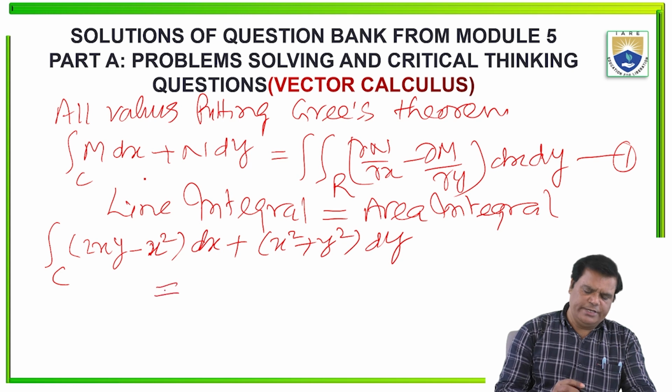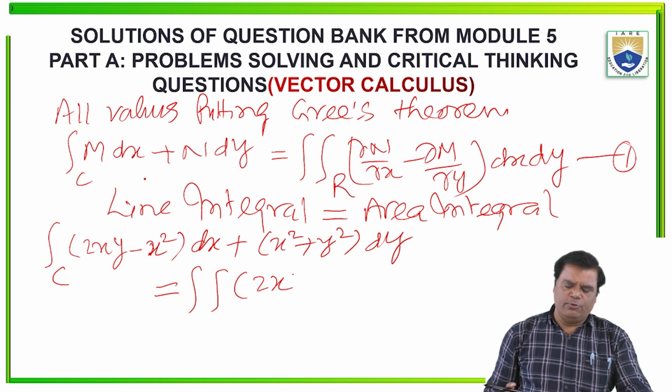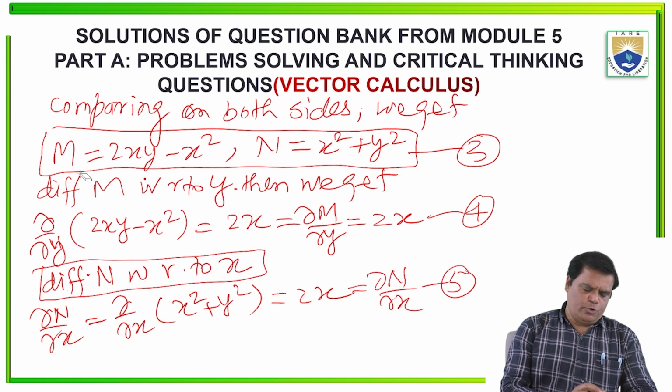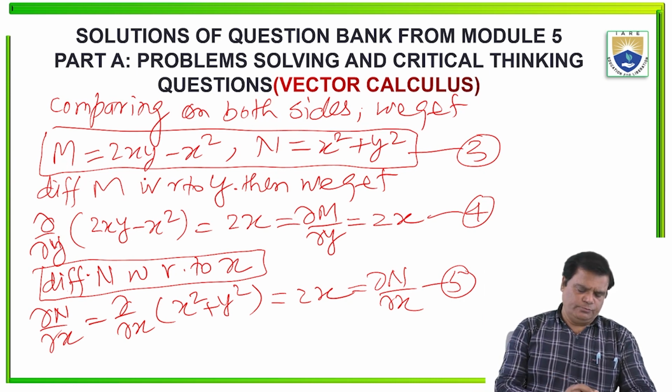So this equals the double integration of ∂N/∂x, which is 2x, minus ∂M/∂y, which is 2x, dx dy.